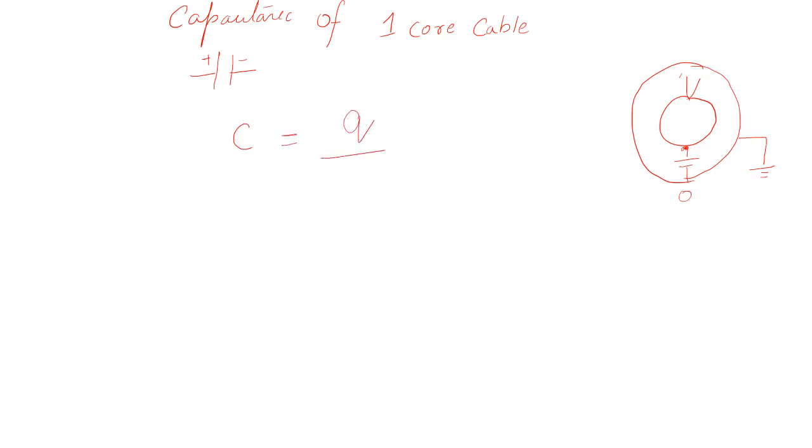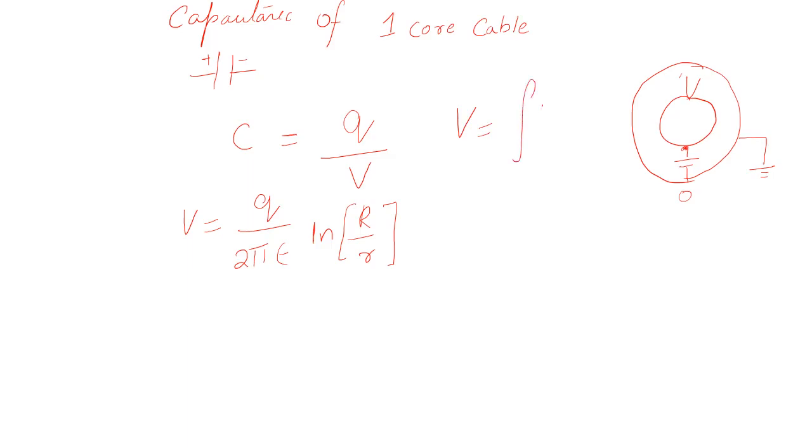What can you say about the capacitance of the sheath? Capacitance can be defined as the charge it possesses per unit volt. In the previous lectures we found that the voltage V is equal to Q upon 2 pi epsilon naught, ln of R by r. We have integrated this, right?